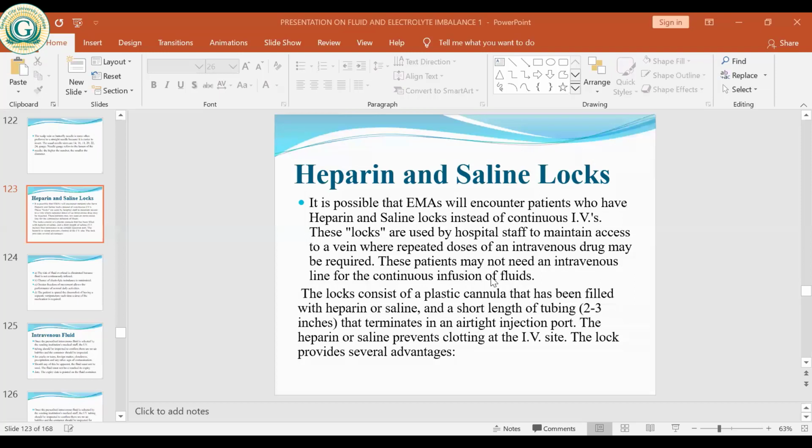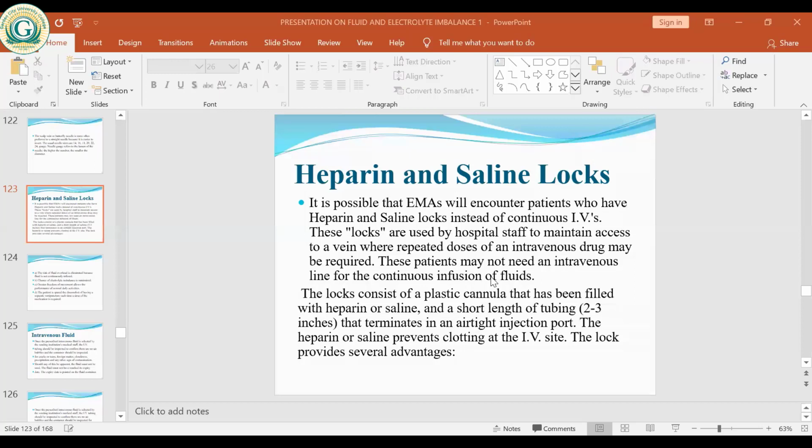So the heparin lock is used by hospital staff to maintain access to a vein where repeated doses of an intravenous drug may be required. For example, you are receiving Cipro infusion, you are receiving metronidazole infusion, and you are going to repeat it BD for 48 hours. So these are examples of repeated doses of intravenous medication. So the line must be maintained patent.